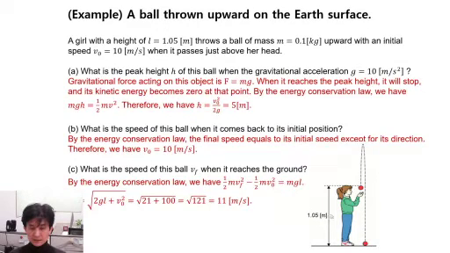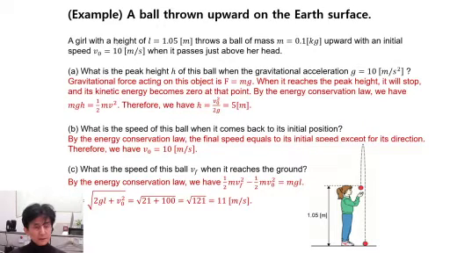When the height of this girl is 1.05 meters, what would be the speed of this ball when it comes back to the initial position and when it falls down on the ground? That is the question, when the initial speed of the ball thrown by this girl is 10 meters per second.